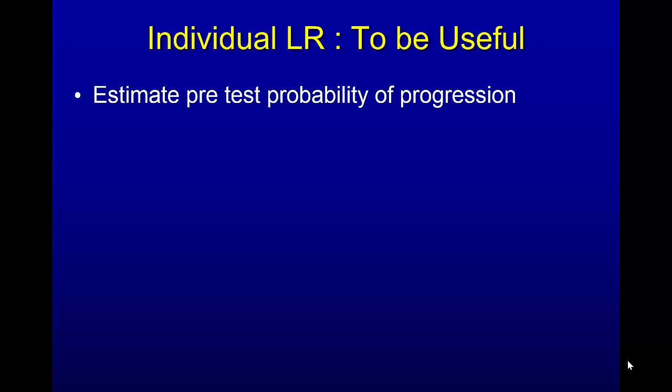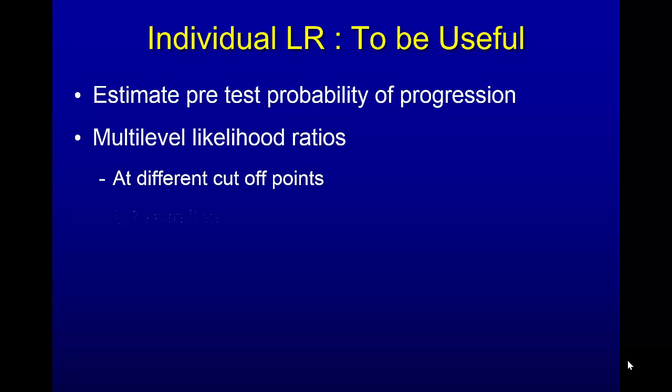So for the individual likelihood ratio to be useful, you have to estimate the pretest probability of disease or the pretest probability of progression. This is best done with a multi-level likelihood ratio at different cutoff points, not just a single sensitivity and specificity.